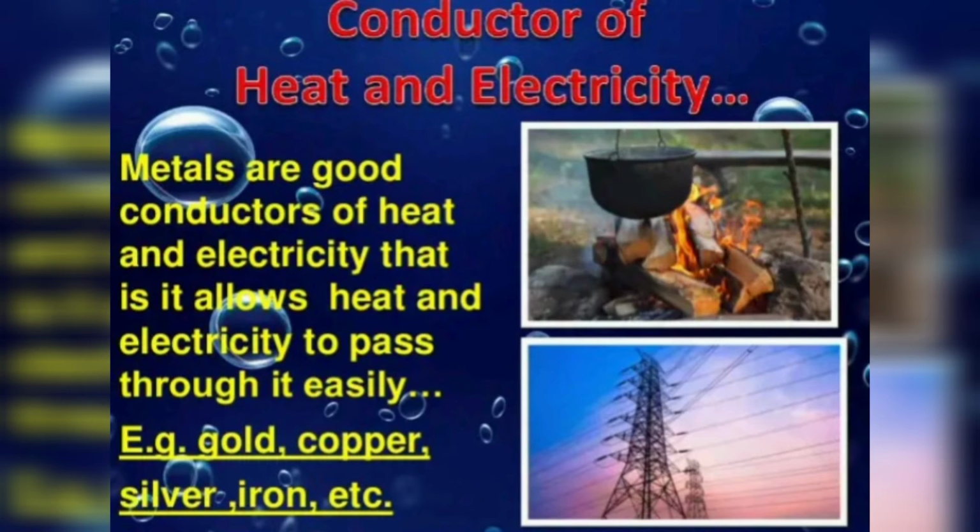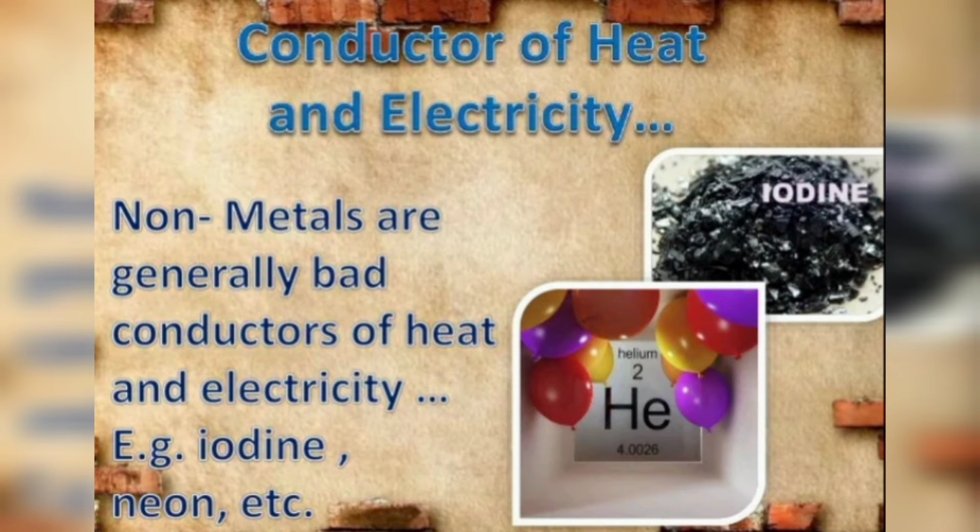Why do we use metals in all electrical appliances or electrical circuits? Do you know the reason? This is the reason, my dear. Electric wires are made of metals because they can conduct electric current through them. What about the non-metals?